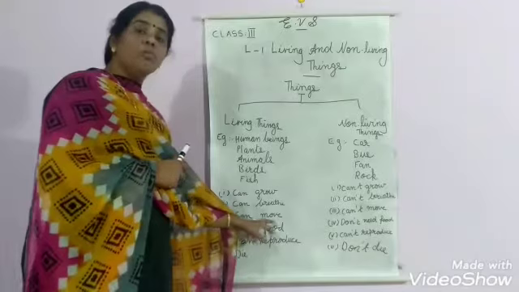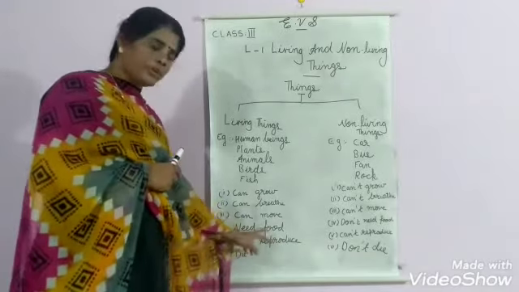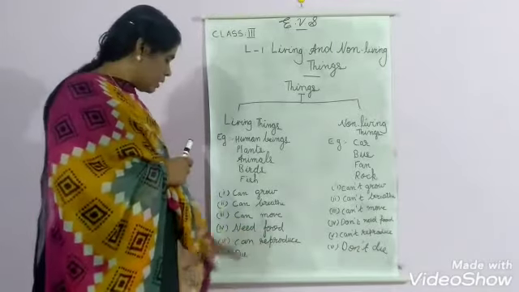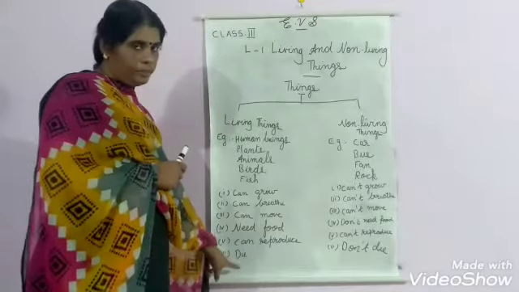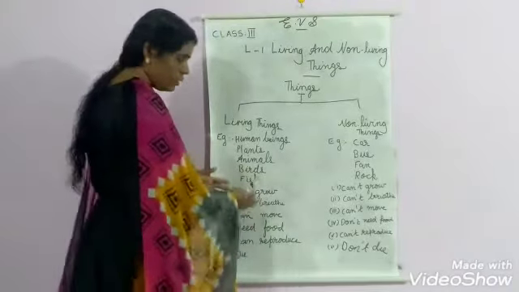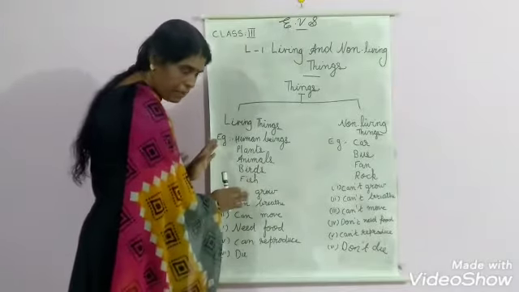Living things can move. Living things need food. Living things can reproduce and they will die. All these we will explain one by one later. For this day we are discussing only these points.